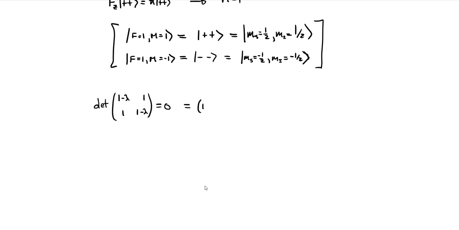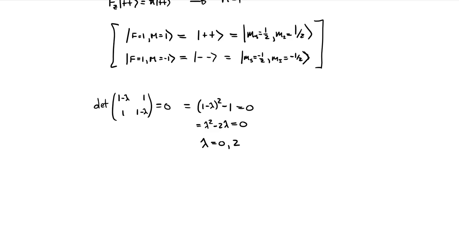We get (1 minus lambda) squared minus 1 is equal to 0. This ends up being lambda squared minus 2 lambda, and then plus 1 minus 1 goes away, so that's equal to 0. That has the solution lambda is equal to 0 and lambda is equal to 2.